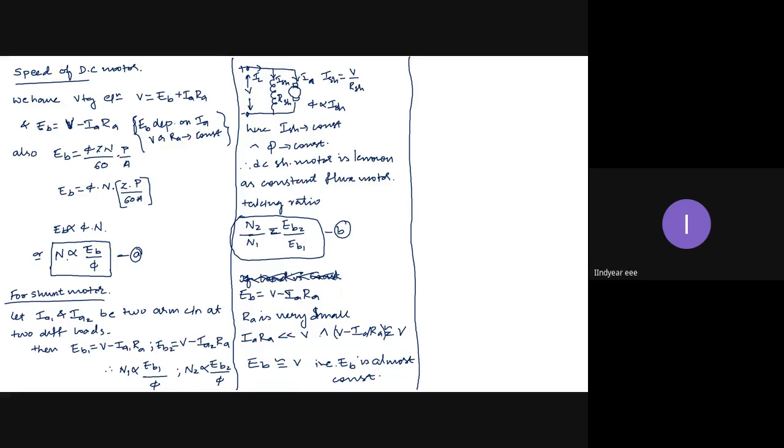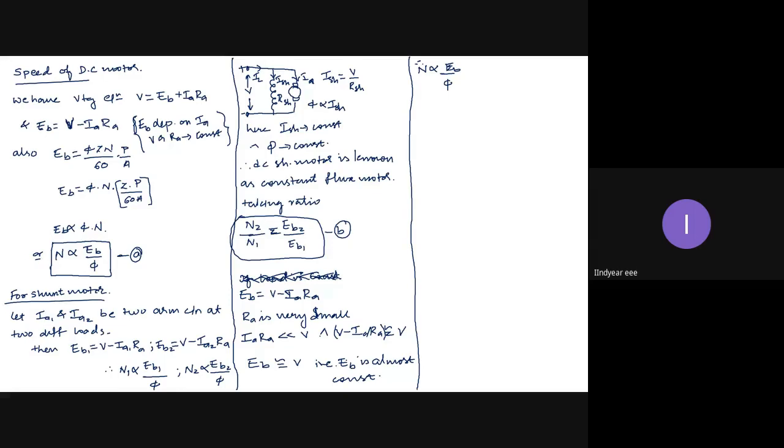Now coming to this relation, therefore, N is proportional to EB by phi.